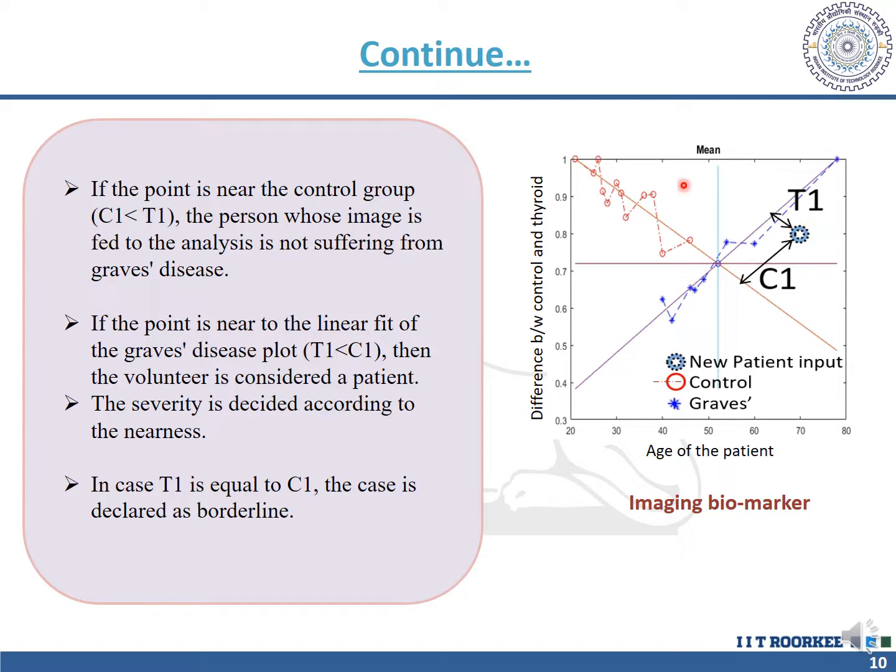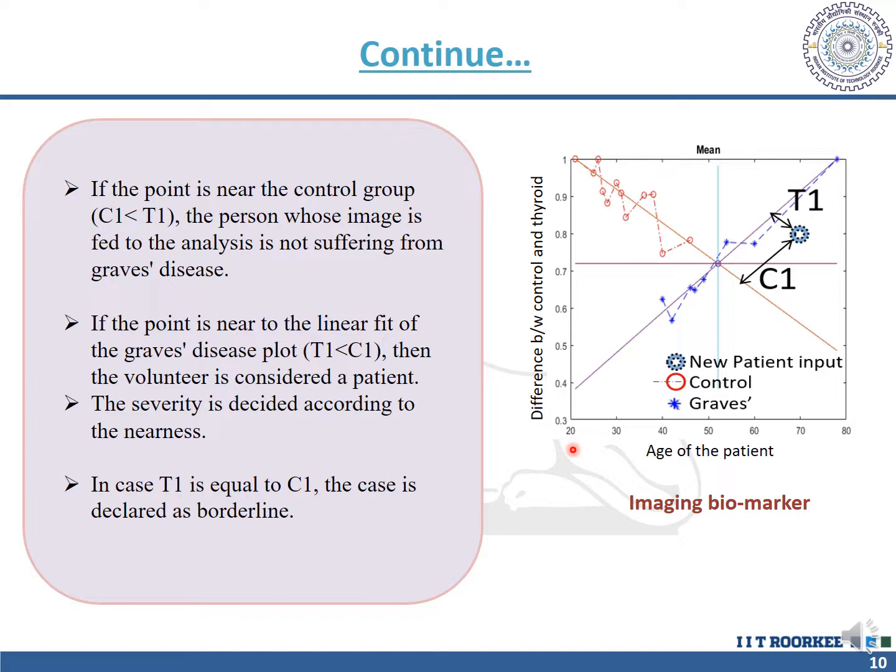So this graph is our final outcome, which shows whether the patient is healthy or not. According to this, if the patient's data lie under this line, the person is considered to be a patient, or hyperthyroid, or say suffering from Graves' disease. But if the patient's data lie over this line, then the person is considered to be a healthy person.